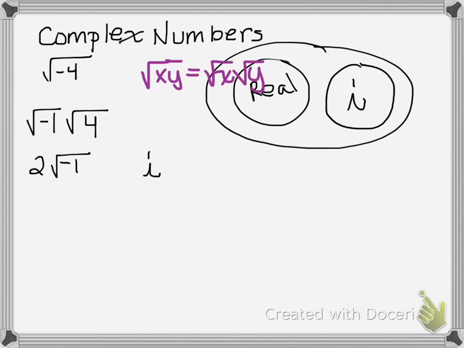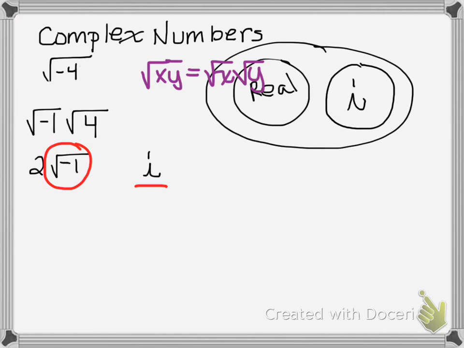Really, all we're doing with i is any place where we get down to a rad -1, we're just going to replace it with i, the number that multiplied by itself twice is equal to -1.